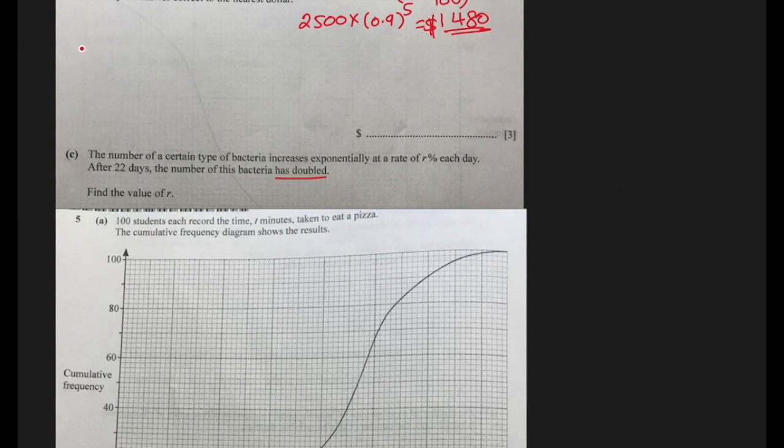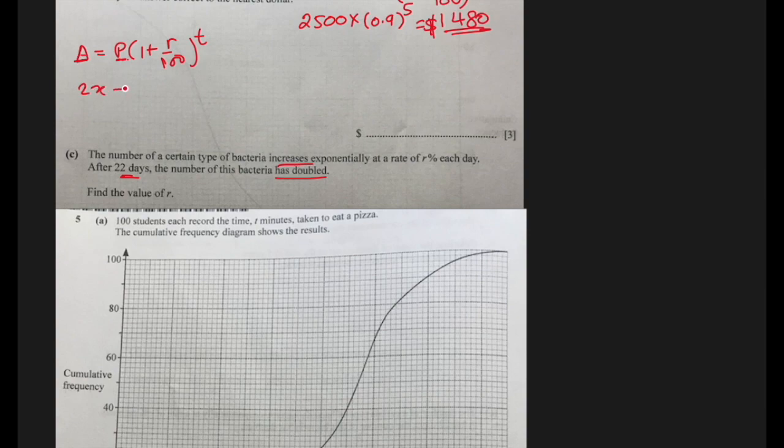Our formula for compound interest is the same one we will use for increasing exponentially, but in this case it is days now, so 22 days. Let's say the initial amount P is x, but it has doubled. That means A will be double of x, which is 2x.